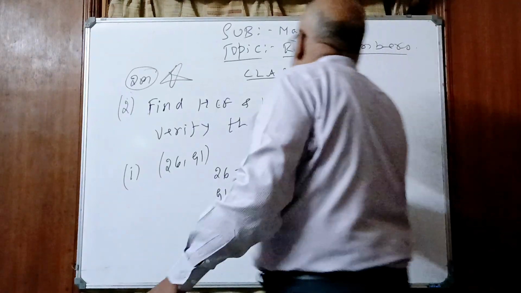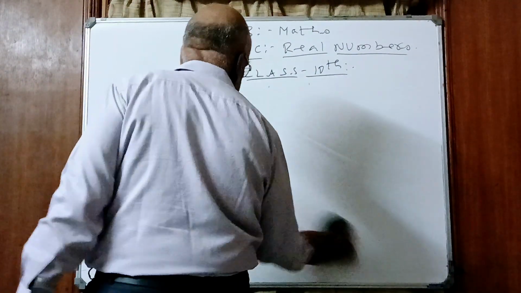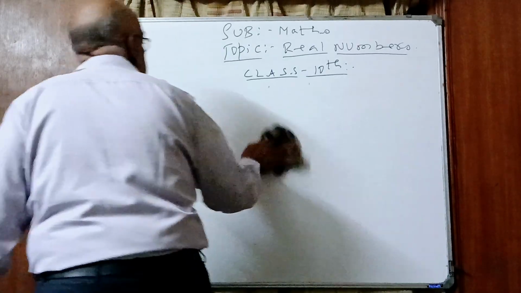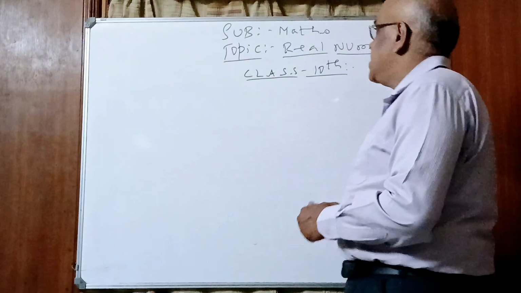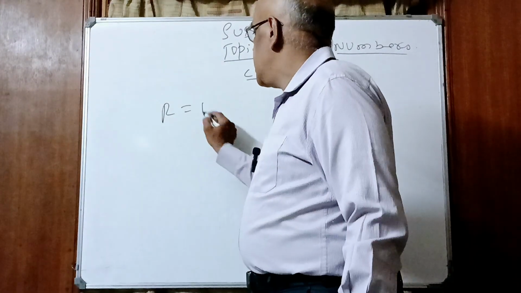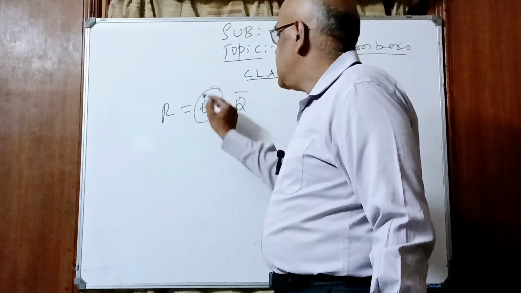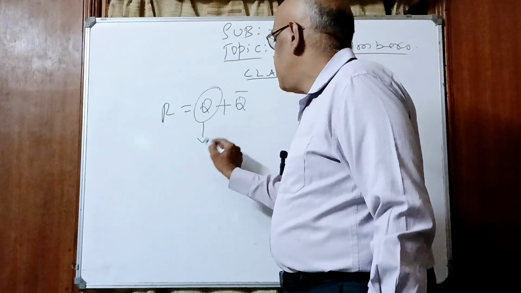So, in the beginning I told you what are rational numbers, what are irrational numbers. Combination of both is real numbers. The lesson is real numbers. What is a real number? A real number is the combination of rational and irrational numbers. What is a rational number, children?